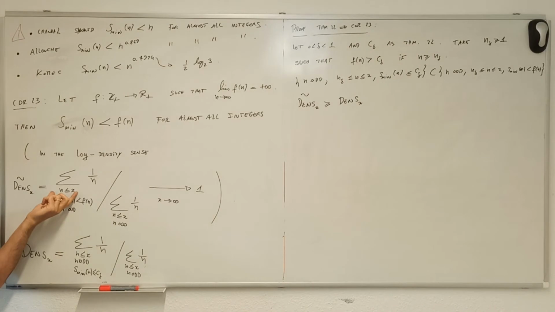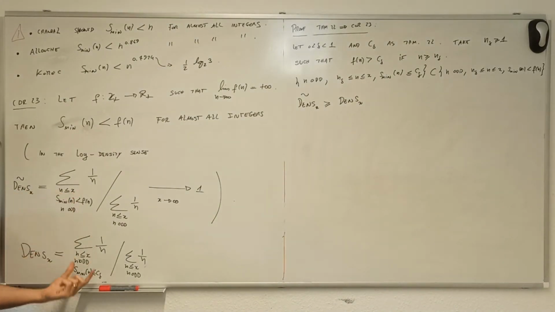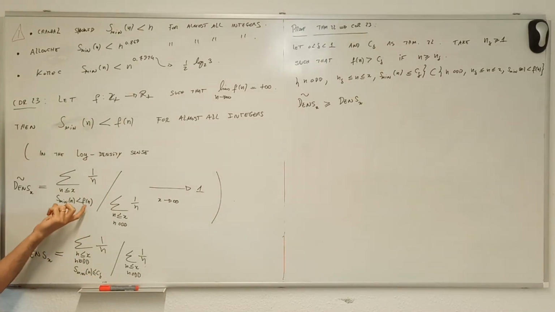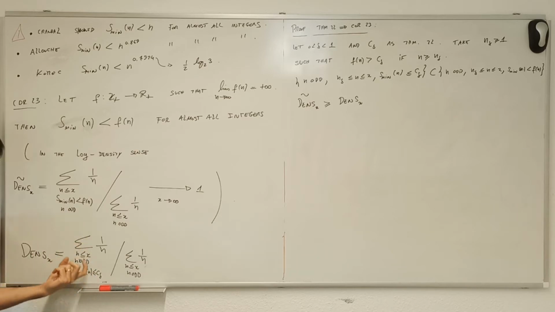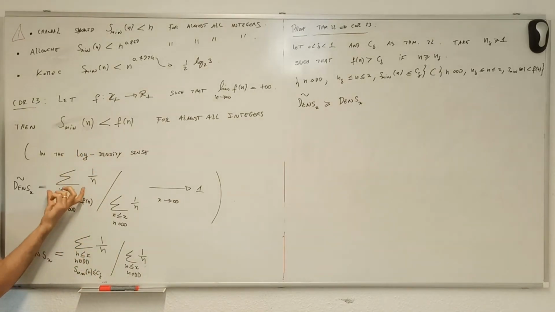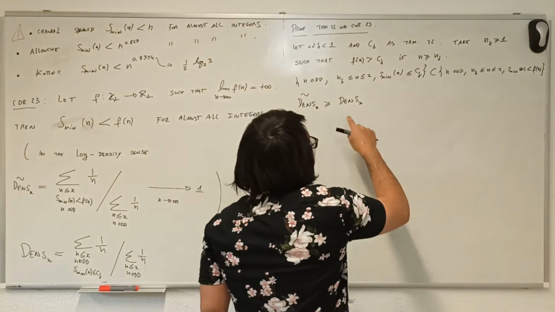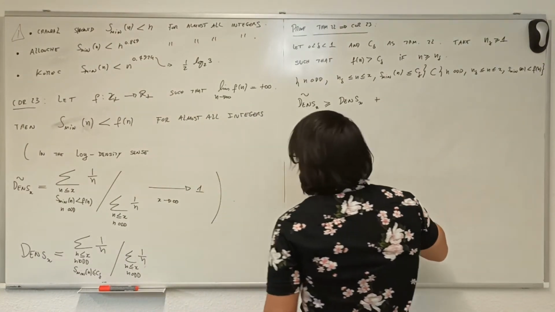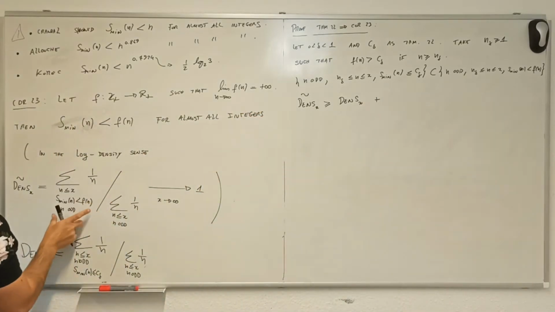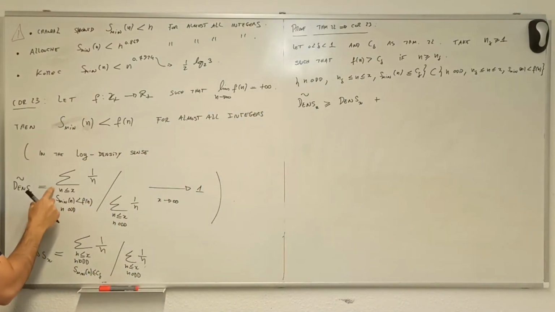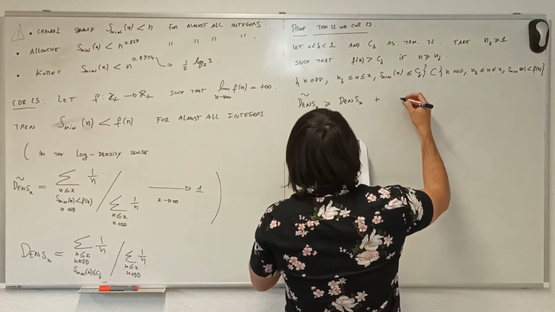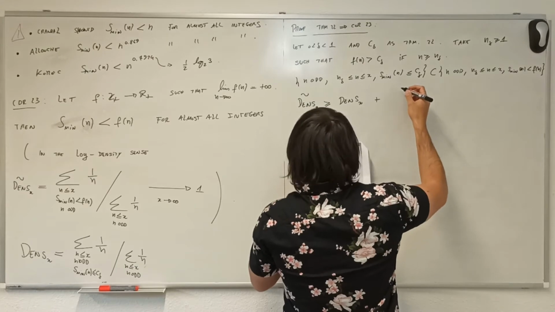If S min is less or equal than c delta, then it's less or equal than f of n. So this set here, as I wrote in there, is greater or equal than this set. So in that set we have the inequality, but then you have to also remove the beginning. So you see that this is greater or equal, I'll leave the details for you to fill up.